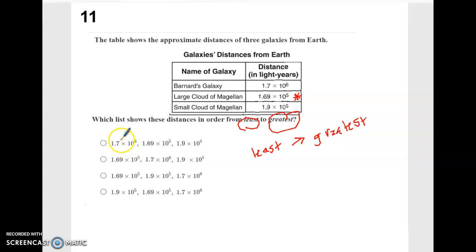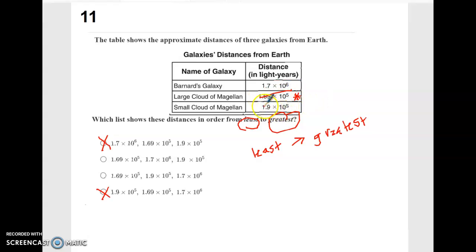So I can just figure out which ones don't have that one as their first one. This one has the 1.7 coming first, so that's not it. This one is good so far. This one, good so far. And then this one has the wrong one to start. So I've evaluated that one.